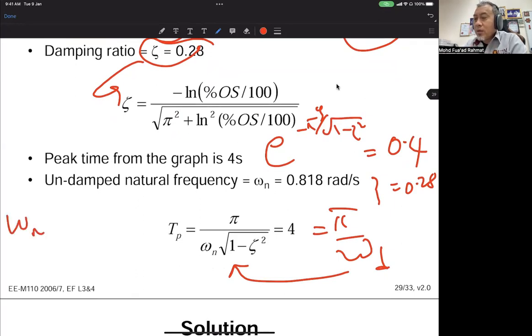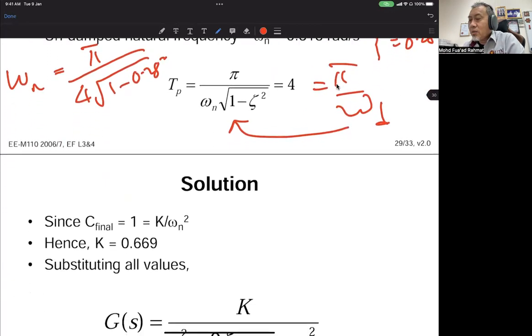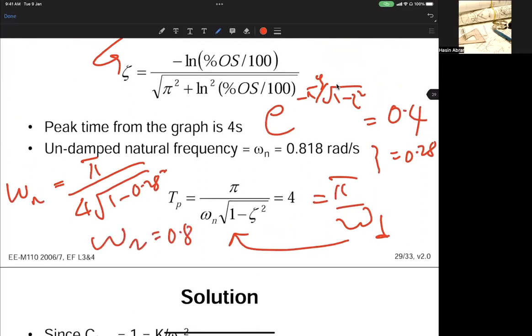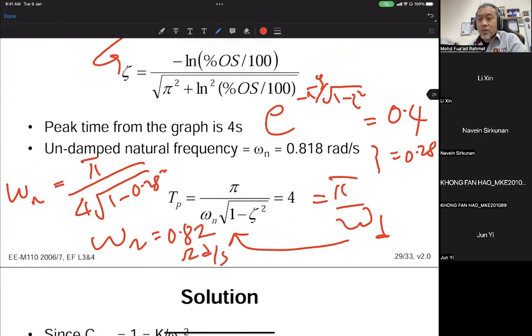So omega n is equal to pi divided by 4 times square root of 1 minus 0.28 square. Simplify, and you will get omega n is equal to 0.82 radian per second.